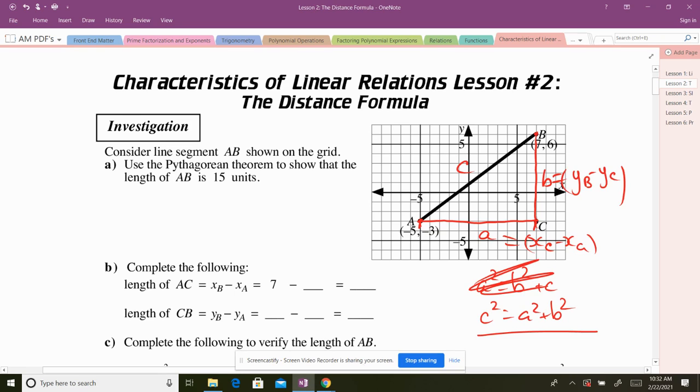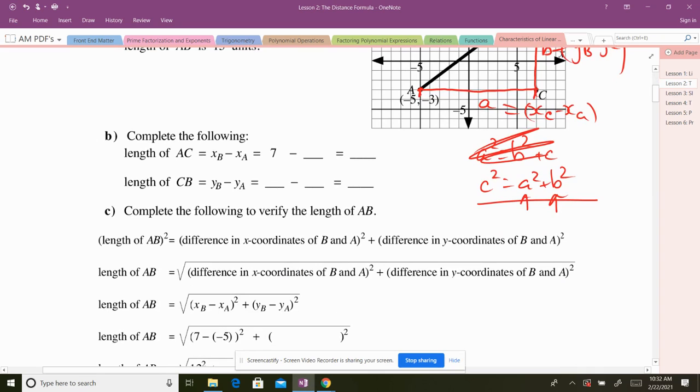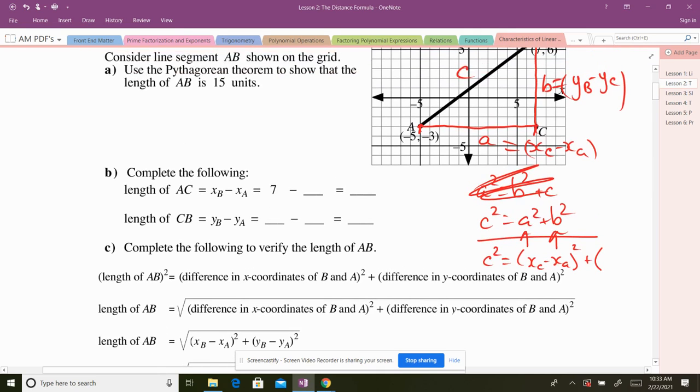If we plug those into a's and b's, all right, you're going to end up, again, don't write anything down. You'll get c squared is equal to, and a is going to be xc minus xa, it's all squared, plus yb minus ya all squared.